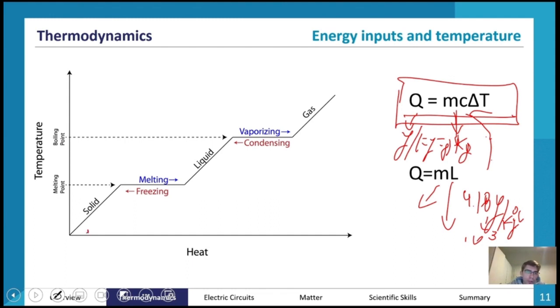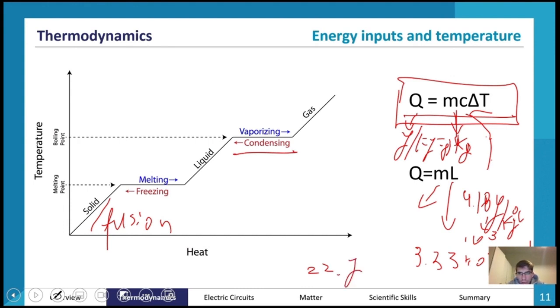The latent heat of fusion is the amount of energy required to melt an ice cube into liquid water, and I think it's around 3.3 times 10 to the power of 5 joules per kilogram. Don't quote me on it. And the latent heat of vaporization, I think it's like 5 times that, around 22 point something joules per kilogram.